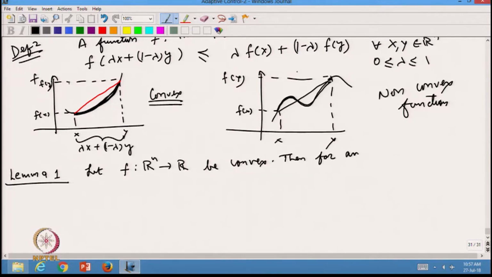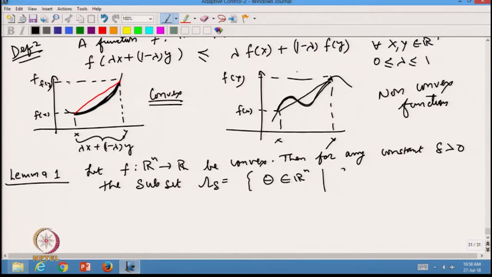for any constant delta which is positive, the subset omega delta, defined as theta belongs to R n and f of theta less than equal to delta.